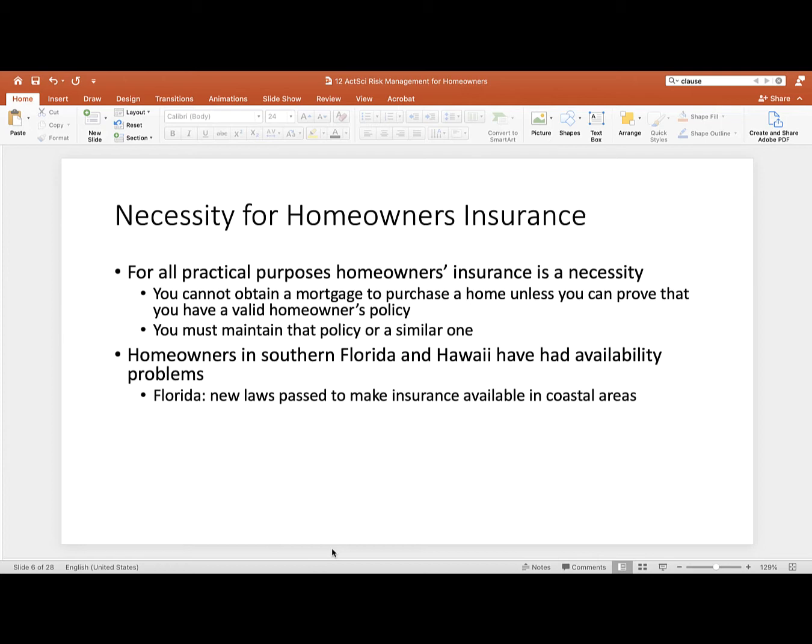Homeowners in southern Florida and Hawaii have had availability problems, which I alluded to a little bit earlier. In Florida, new laws have been passed to make insurance available in coastal areas. So basically what happens is when there's a big windstorm and there's a lot of losses, insurance companies may do a couple of things, or both. One of them is they increase your rates, or they can actually change the type of policy.